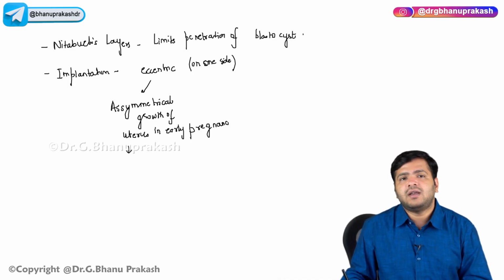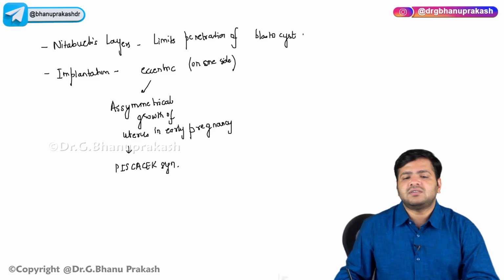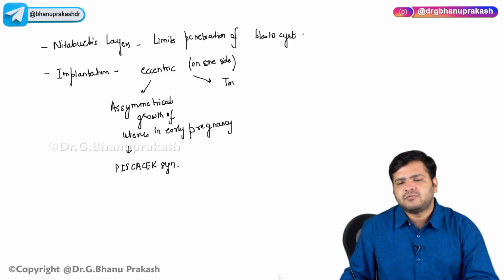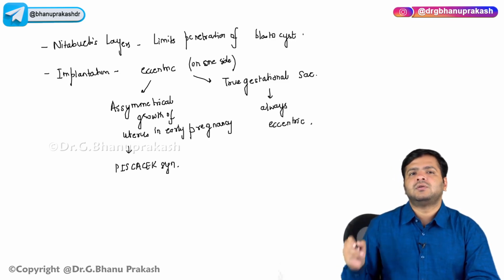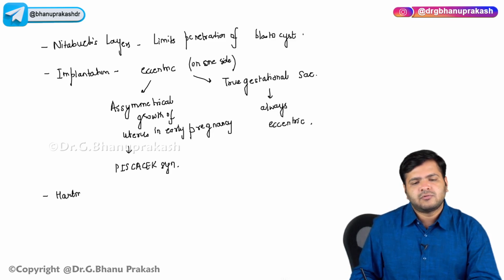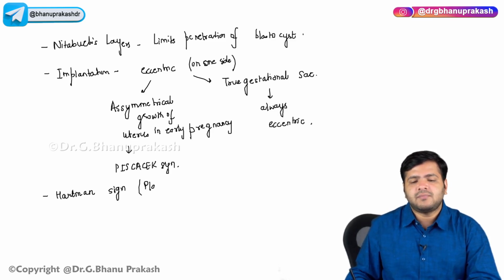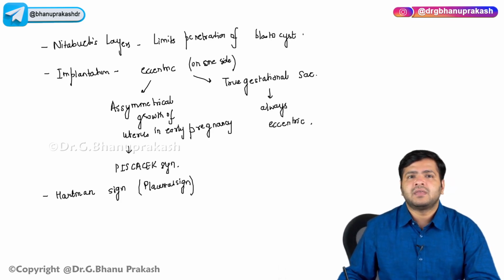and remember it is called as the Piscasic sign, okay? And remember the true gestational sac is always eccentric. Okay. Now, there is something called as the Hartmann sign, right? It is also called as the placental sign, right?